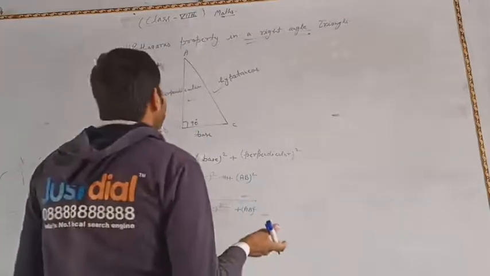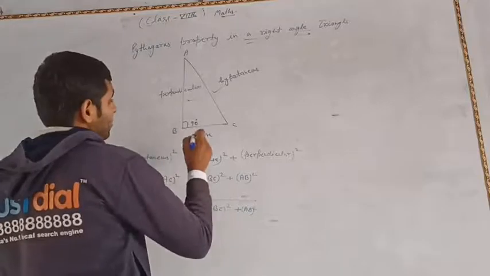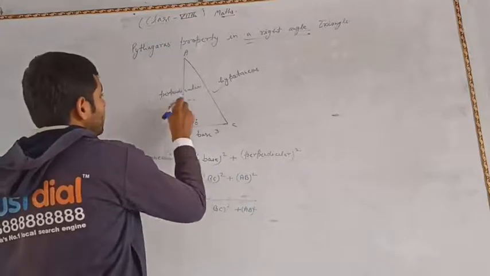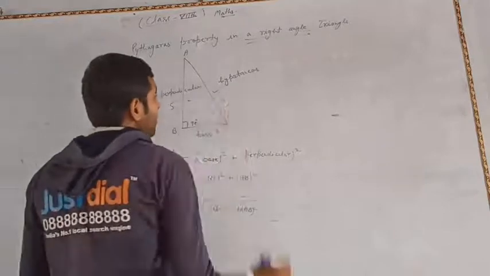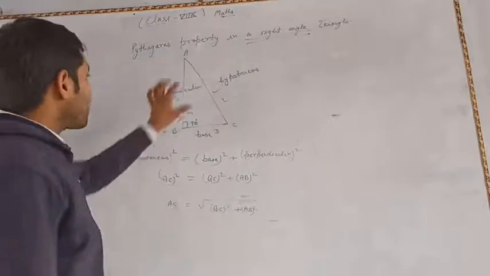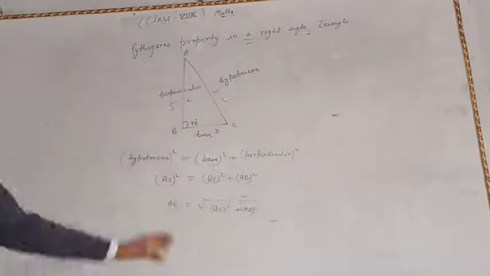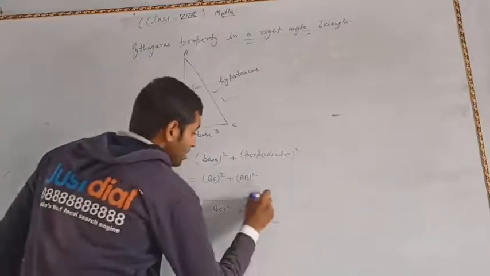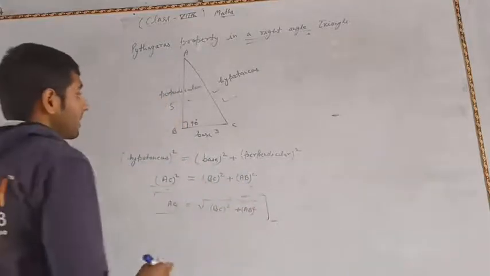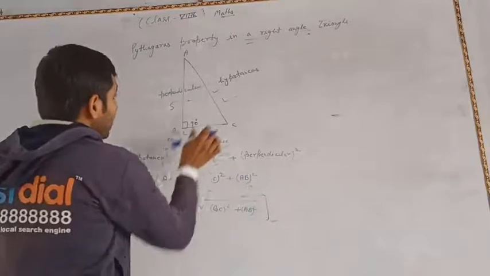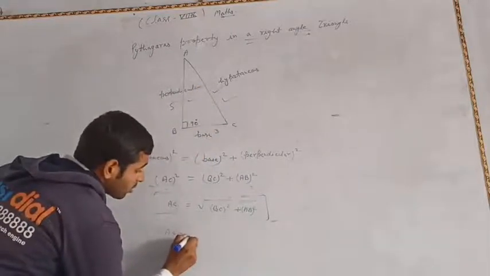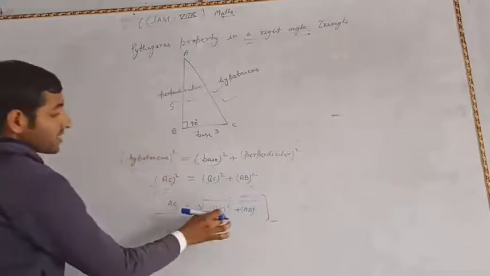For another example, if we take BC as 3 and AB as 5, then we have to find the value of AC. By this formula, AC is equal to under root BC square plus AB square.